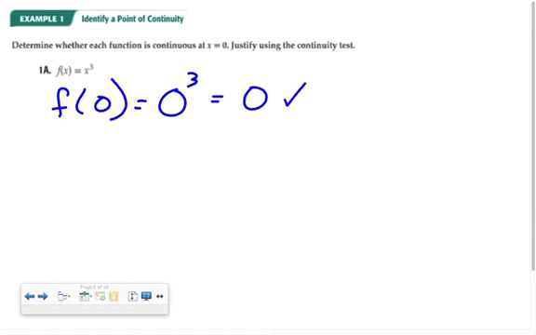So that's good. The second and third part of the test for continuity are to check what f of 0 approaches coming from the left and coming from the right. So here's what I mean by that.